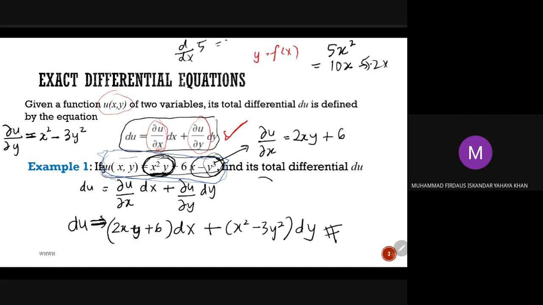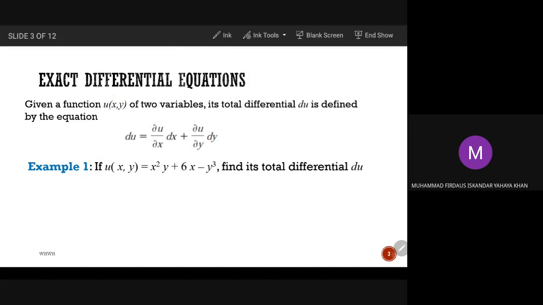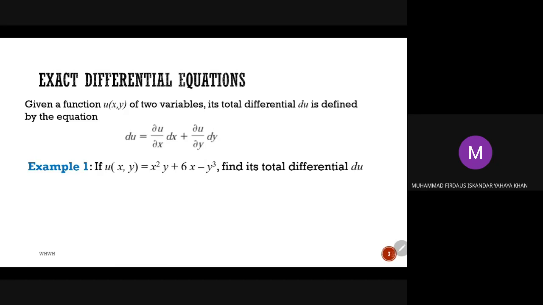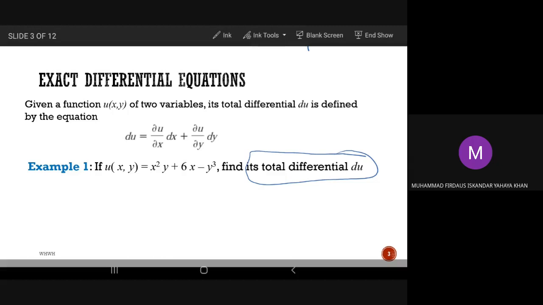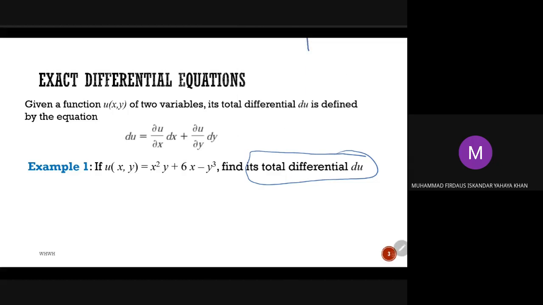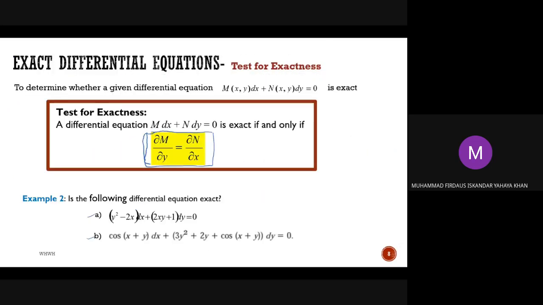It's a function, and we find its total derivative. But in example 2, they already give you in terms of total derivative. What you have to do is just check whether the differential equation given is exact or not.